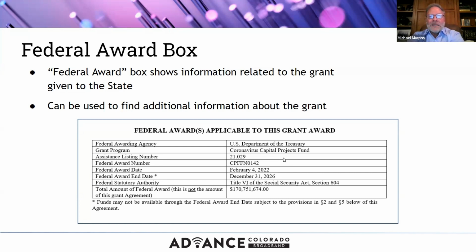It's basically information for you to be able to access the funding mechanism of where the grant funds are coming from, and you definitely want to refer to this if you have questions on the overall federal grant program. I do want to note that you're going to see a grant amount down there. That's not your grant amount. That's the total grant amount from the federal government to the state of Colorado. That does trip some of us up sometimes.